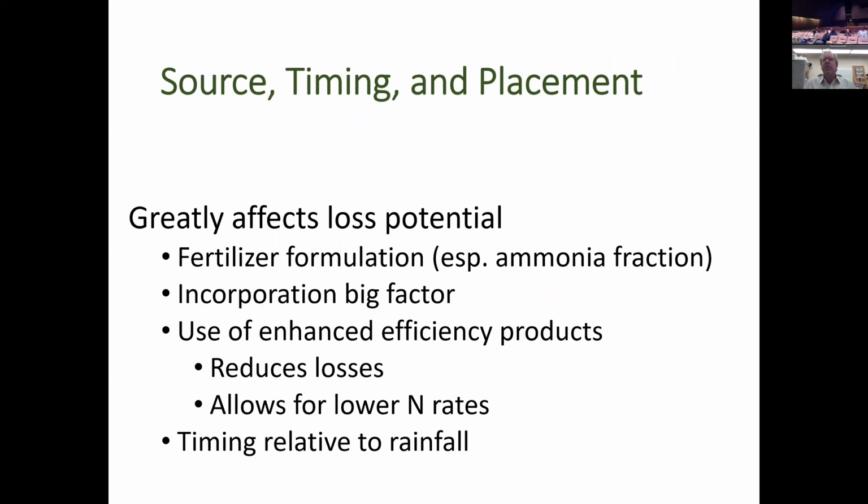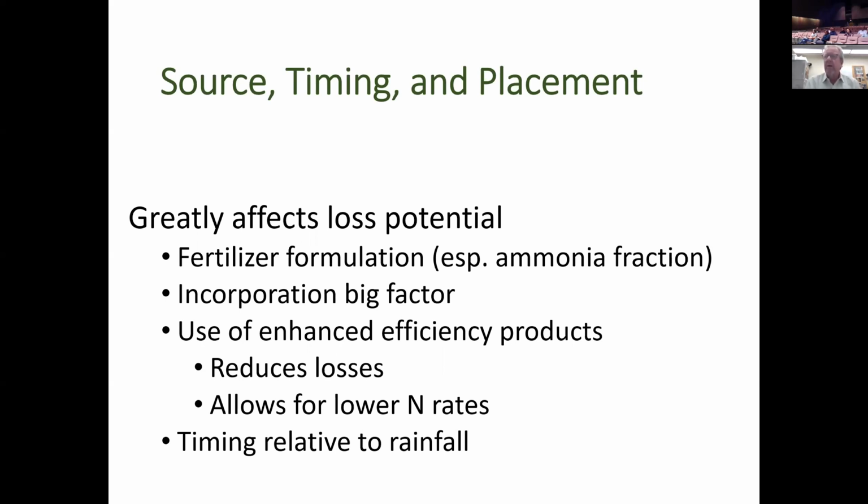So if we just focus for now on source, timing, and placement, we know that they can greatly affect loss potential. The fertilizer source or formulation, especially the ammonia fraction, can greatly impact how much you lose, in part on whether it's been incorporated or not. And so this includes even organic sources, of course, manure. We may lose a lot of nitrogen through ammonia volatilization.